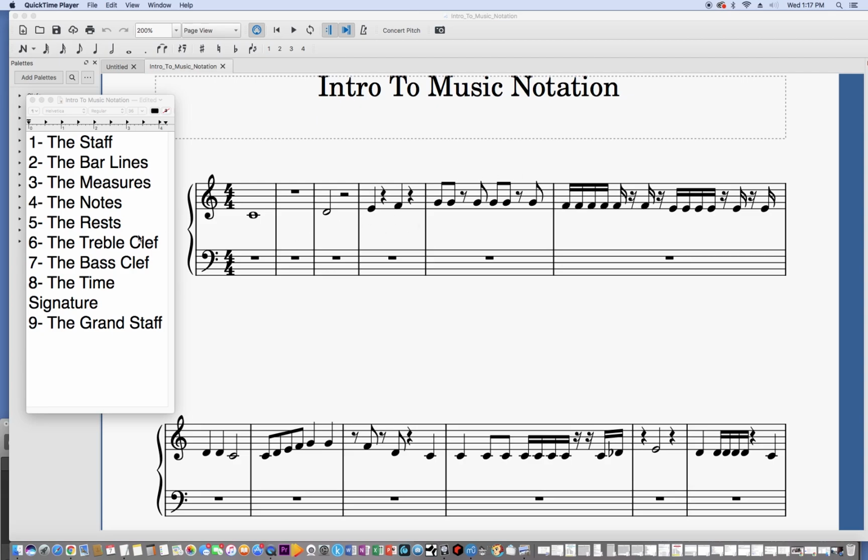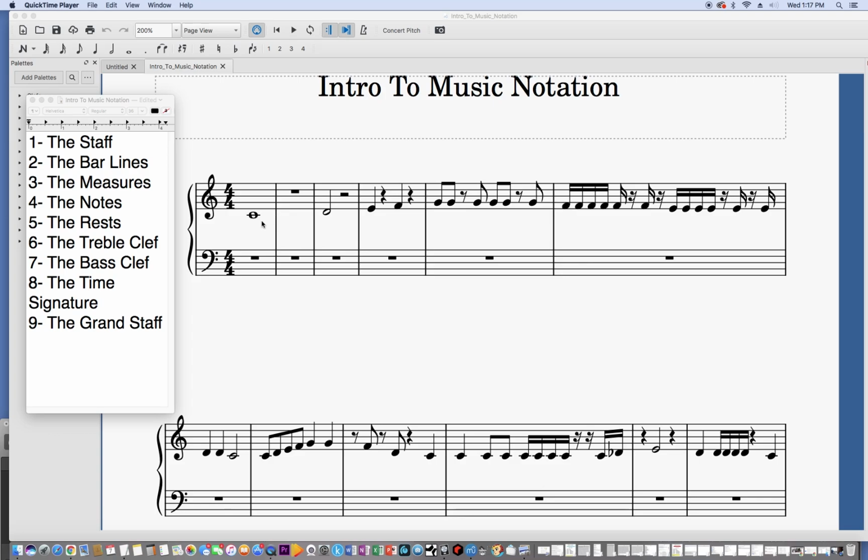Okay, the next item, we're looking at the treble clef. Were it not for the clefs, whether it's treble or bass, you could not tell which note these are, because the clefs indicate the location of the note on the piano.